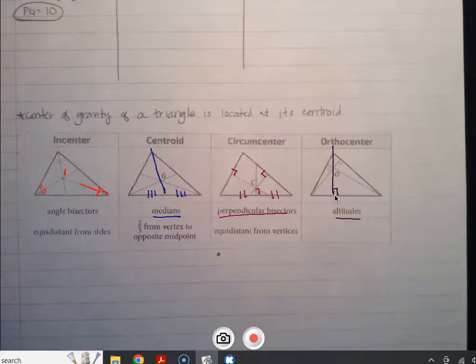Which one gives me an inscribed circle? The incenter, okay, so we might make that note. This is the inscribed circle. That's one way you could check it even. And which one gives you the circumscribed circle?